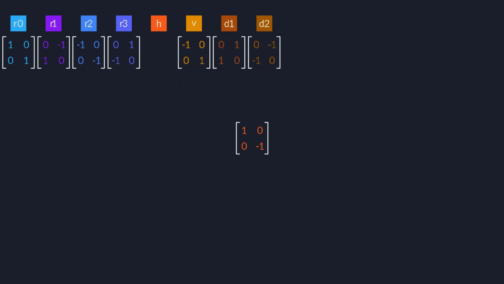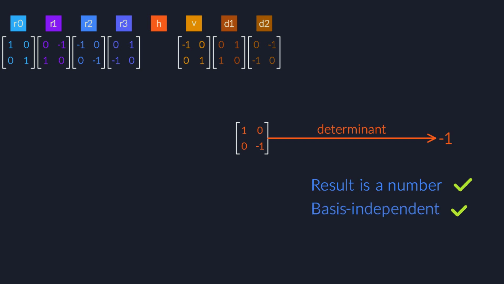The most obvious approach would be to use the determinant. It has many advantages. The determinant of a matrix is a single number, which is precisely what we're looking for. The determinant is also basis independent. When you change to a different basis, the determinant stays the same, so it's very robust. But the biggest plus is that the determinant is a homomorphism from matrices to numbers.